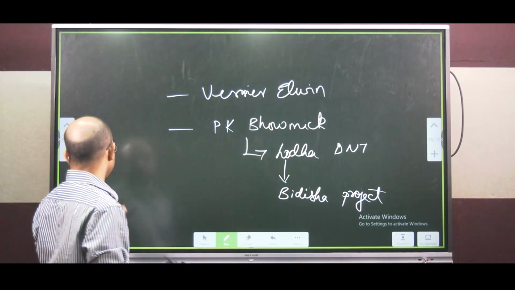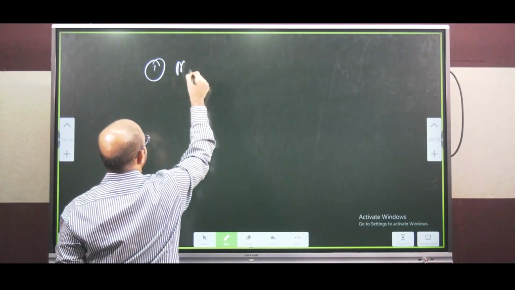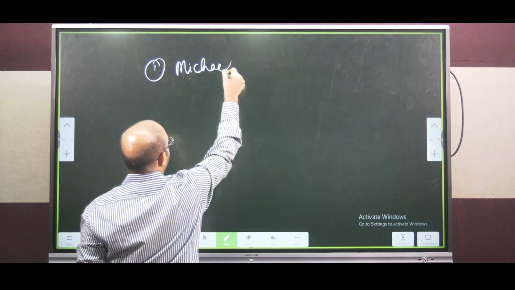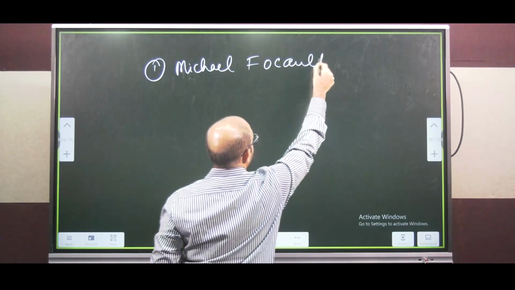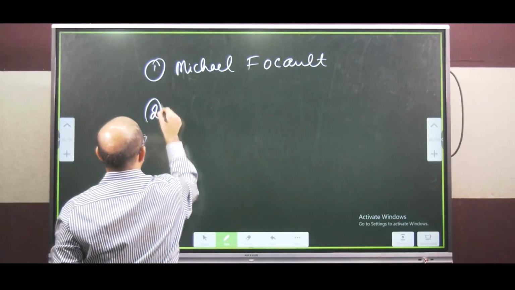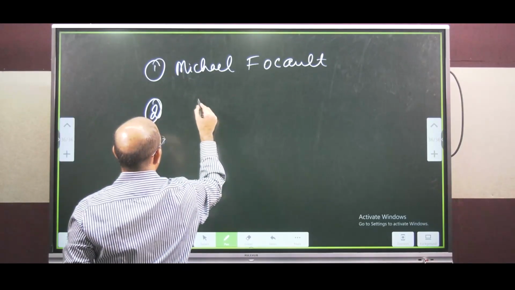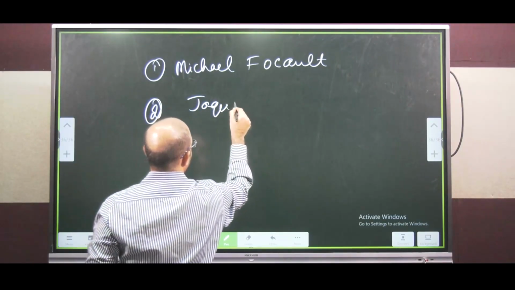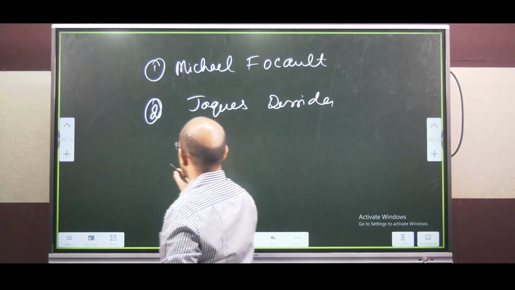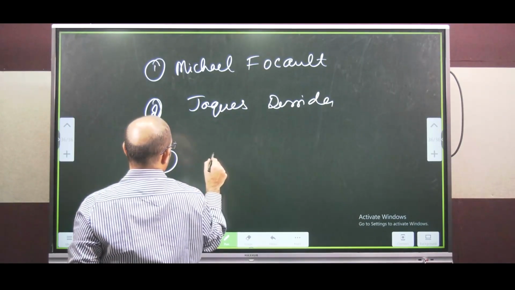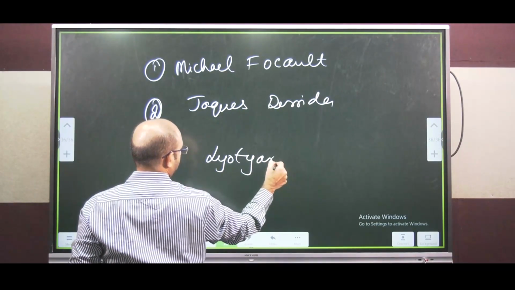So we can describe this. Along with that, you can discuss the ideas of some famous postmodernist thinkers. Whenever you talk about postmodernism, there are two thinkers you cannot avoid and should definitely include: Michel Foucault and Jacques Derrida. Third, you can include Jean-Francois Lyotard.